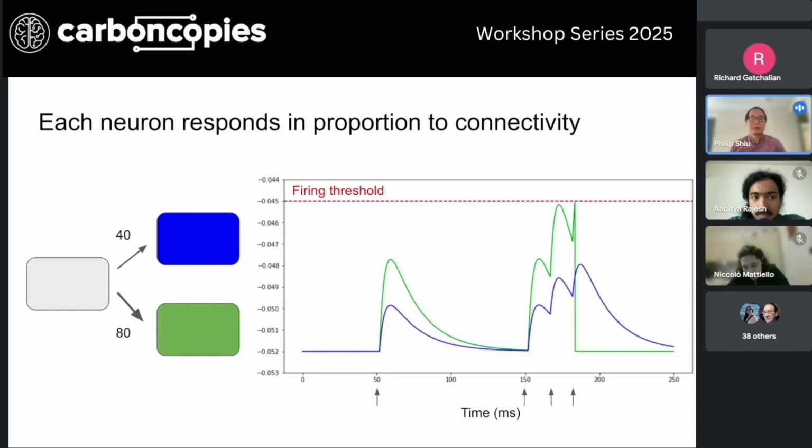Given our particular assumptions, the green neuron will eventually hit the firing threshold, it will spike, and the green neuron will change the membrane potential of all of its downstream neurons.